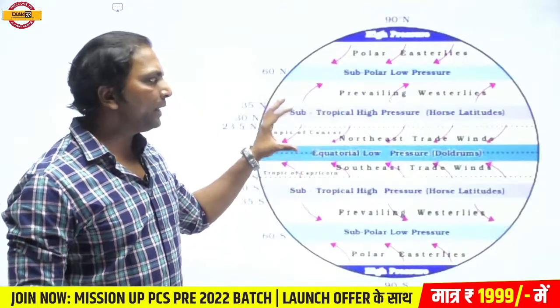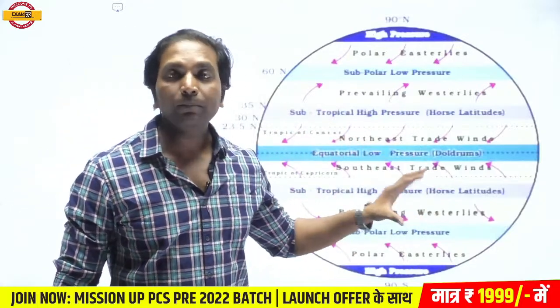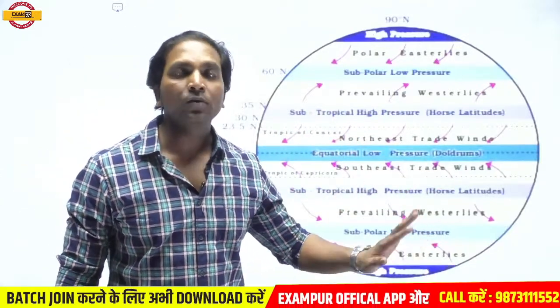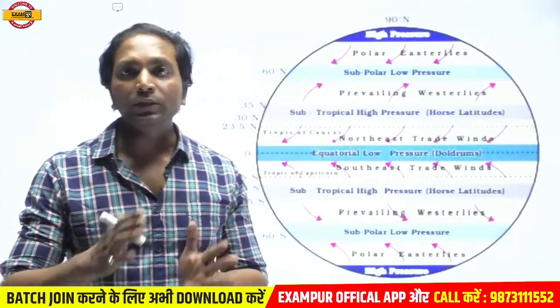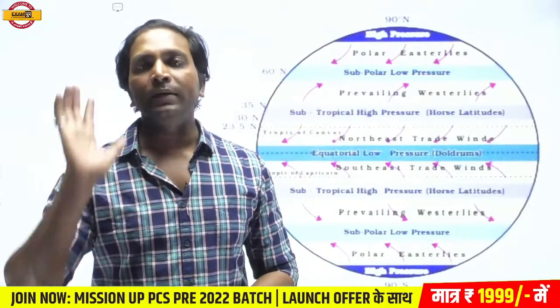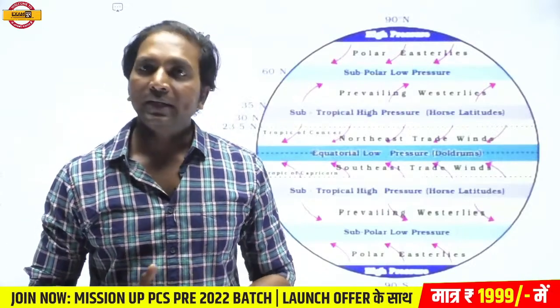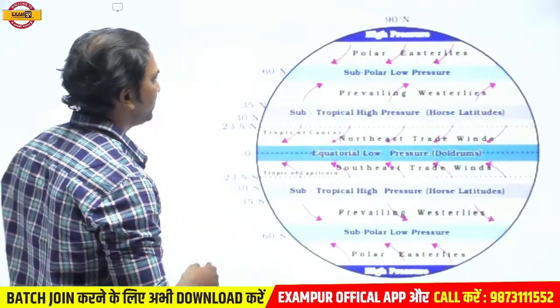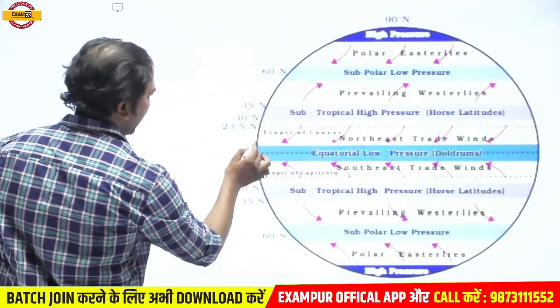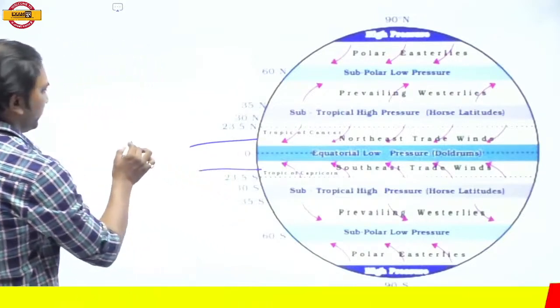So these are the pressure belts in which the permanent winds blow all year in a constant direction. The question demands between which two pressure belts which winds blow, their directions and their features. So first we have seen the trade winds, and these two are the trade winds you can see here.